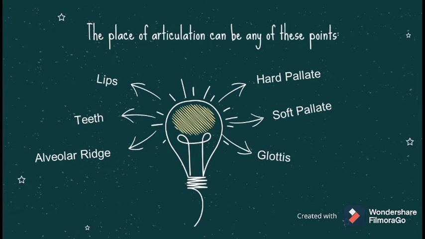The place of articulation can be any of these points: the lips, the teeth, the lips and teeth, the alveolar ridge, the hard palate, the soft palate, and the glottis. I'm going to explain about the lips, the teeth, and then the lips and teeth.